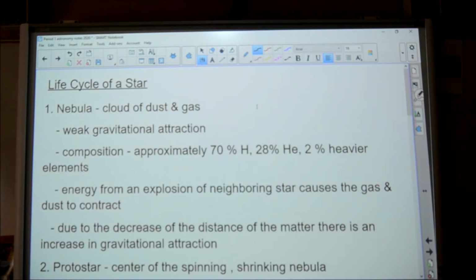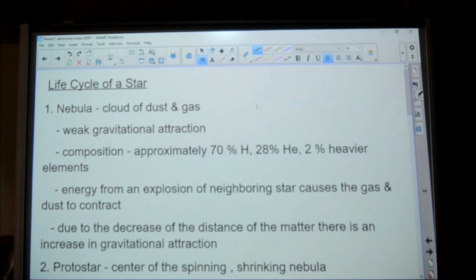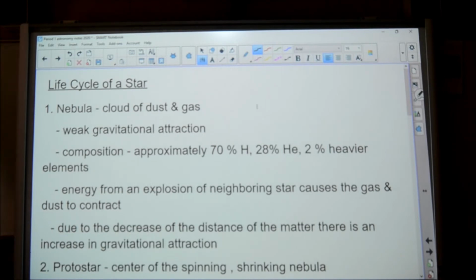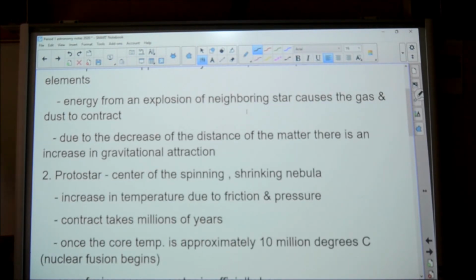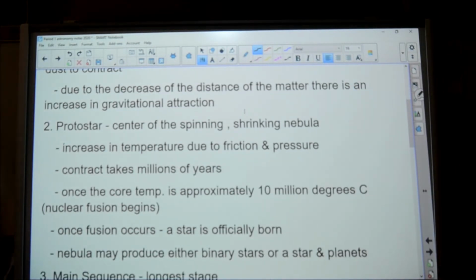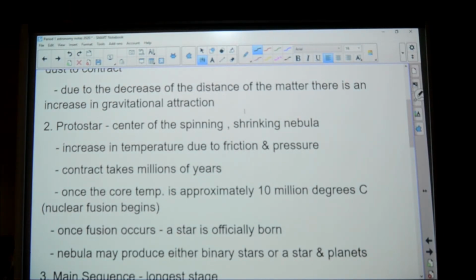Once it starts getting close together and it starts to spin, you get into the protostar. With that attraction comes friction. Friction gives me an increase in temperature. So increasing my temperature, I got friction, I got pressure, it's going to contract for millions of years.